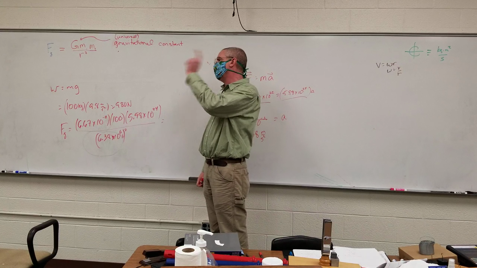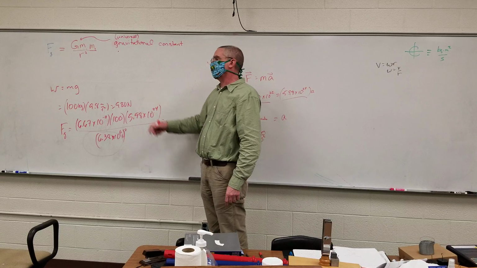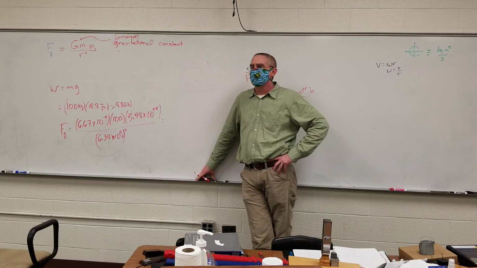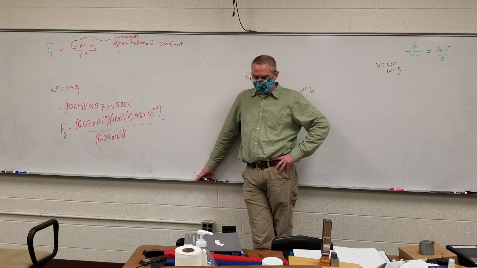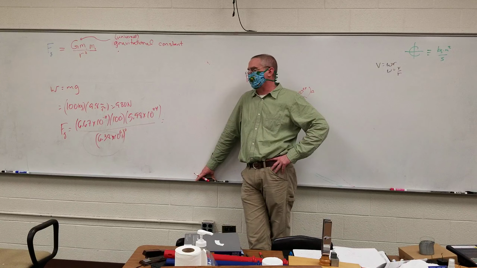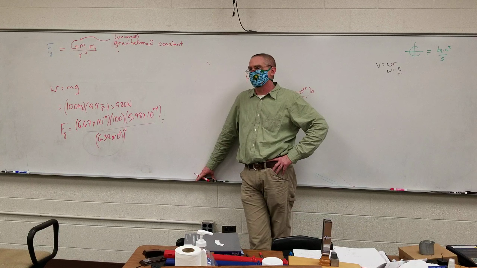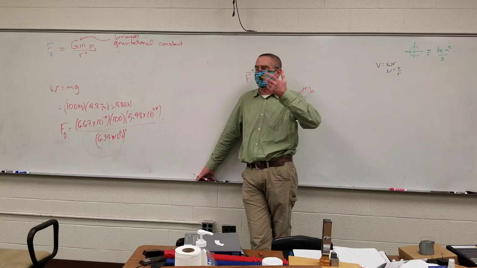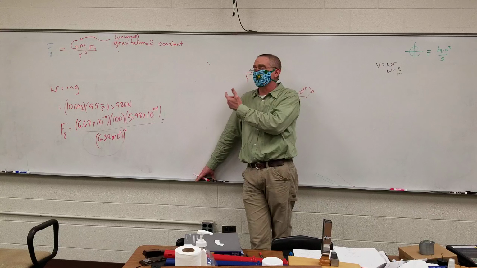I'm gonna say that can't be right, because I should be getting somewhere around 980. Wait, how do you know how far away you are from the center? The average radius of the Earth is just under 6.4 million meters. That's the average radius. And so that's just a number that is stuck in my head. Sometimes I see 6.37, sometimes I see 6.4.